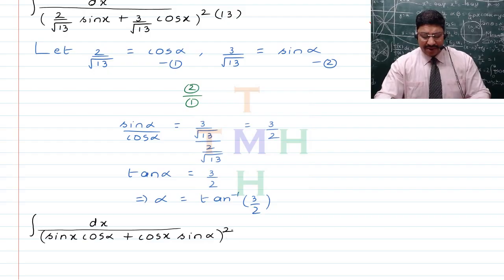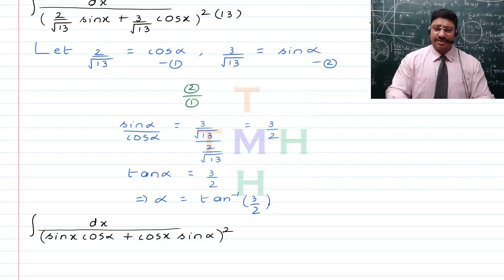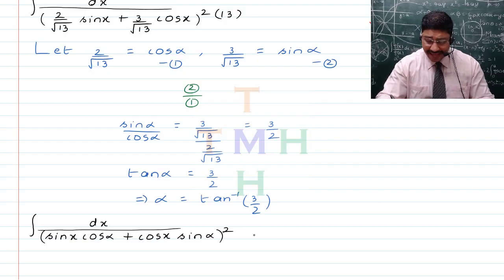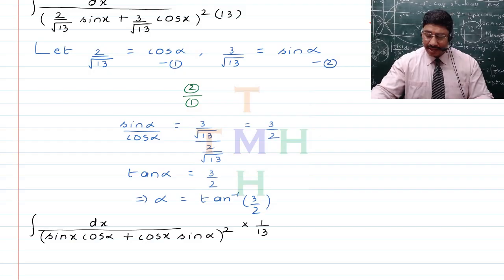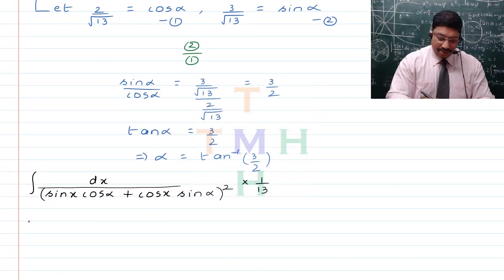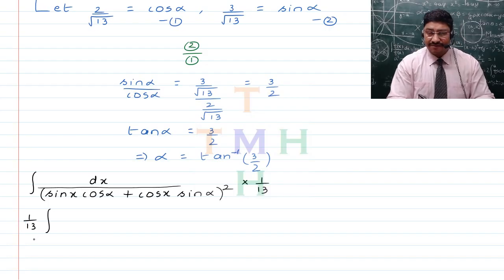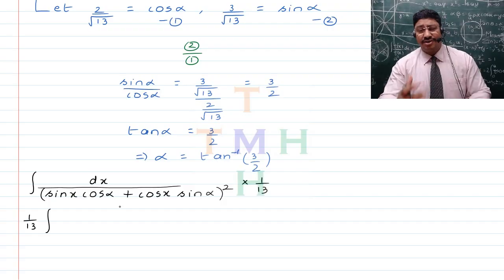Now you people must be wondering that sir was talking about making this a monomial, but sir's actually complicated things. Just wait, I'll show you how I'll make this simple. The part of this is 2, and remember this is also multiplied by 13. That means you can write this to be 1 upon 13, with which it is multiplied. Now this 1 upon 13 can obviously be taken outside, and that was because it's a constant, and whenever you have the integration of a constant which is multiplied by a function, then that becomes equal to the product of the constant with the integration of the function.